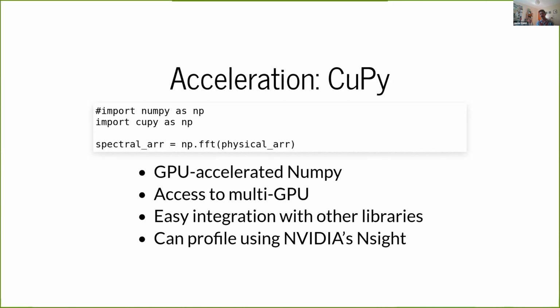So that's very nice. I should say it's not necessarily always as simple as just changing an import statement, because the fastest GPU codes will always have all of the working memory on the GPU. There is some memory transfer things that you have to just be careful about.